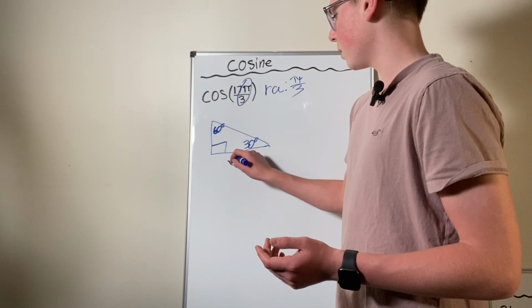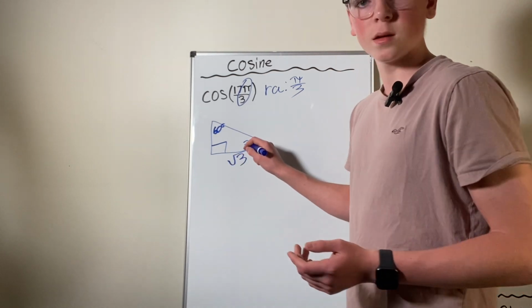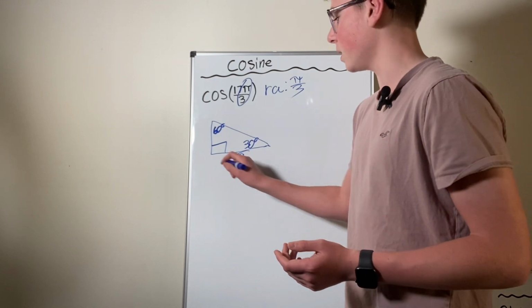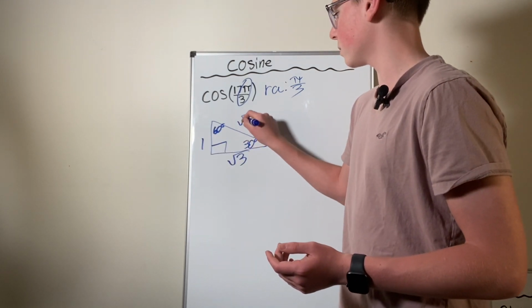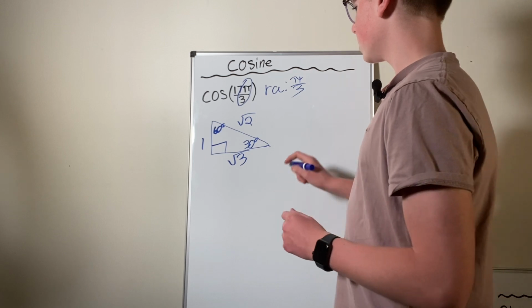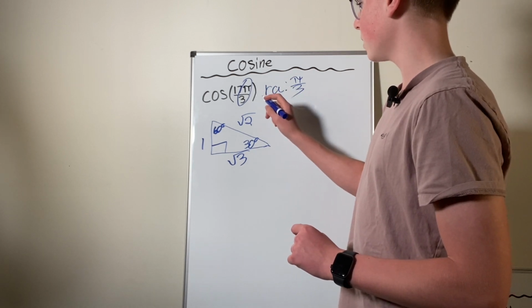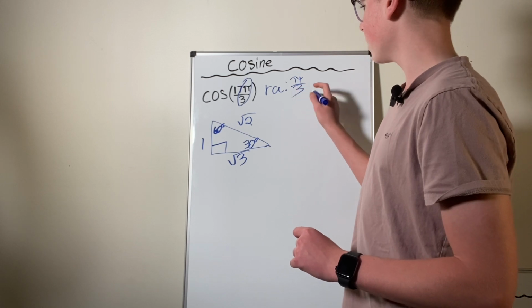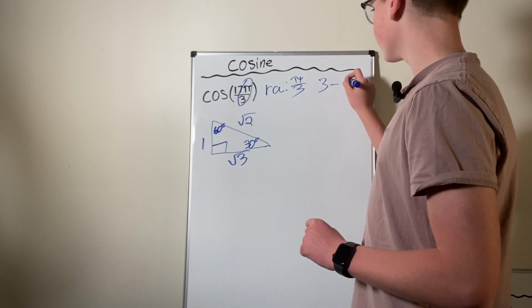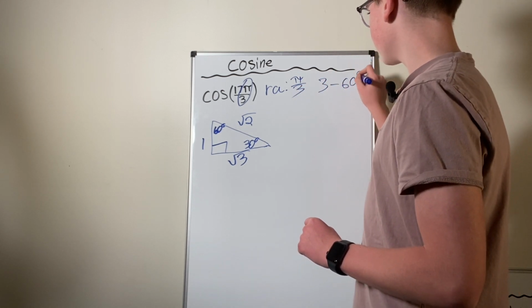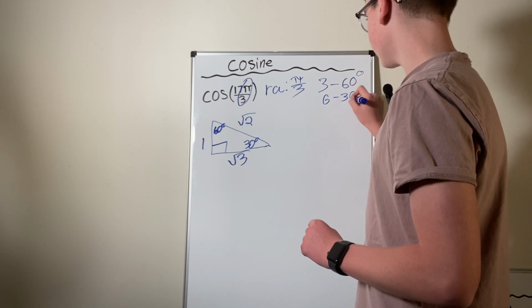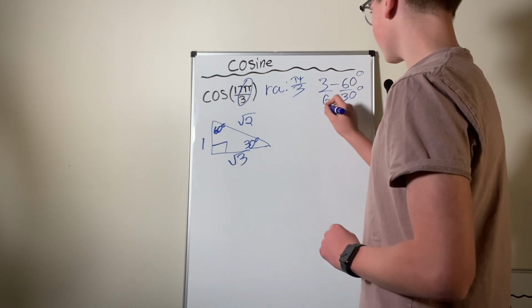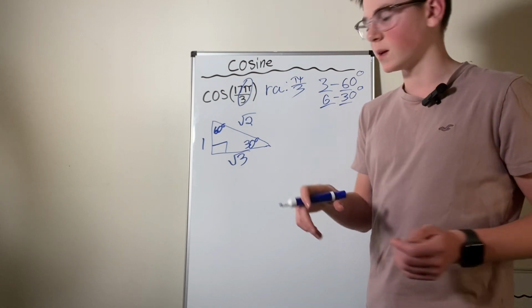And I know that right next to this 30 is touching the root 3. And there's the 1, there's the root 2. So the cosine of pi over 3, well, pi over 3, as we said, 3 goes with 60, and 6 goes with 30. They always have to be together.